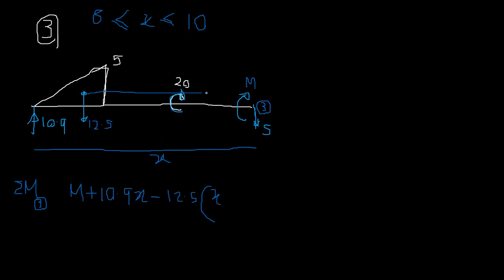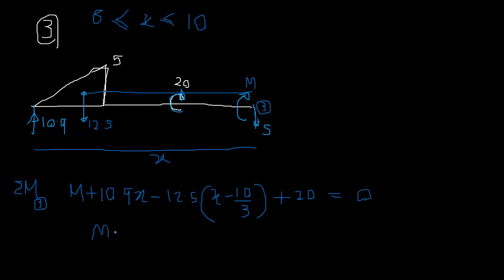It's this distance. That distance is x minus this length, 10 over 3. 5 into 2, 2 over 3. Right? Plus 20. This is a bending moment, not a force, so you don't need any lever arm or anything. So the fundamental is this is already a force multiplied by a distance, right? So that's going to be your final equation.